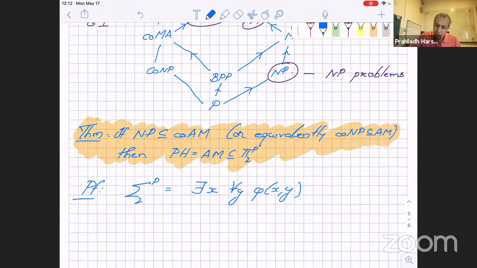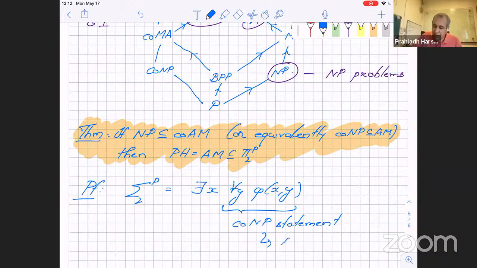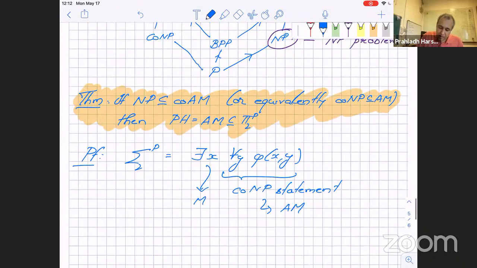Now, this part is a co-NP statement, so that is an AM. So in particular, you can replace it with AM. But this is something like M. That means any L in sigma 2p implies L is in MAM.